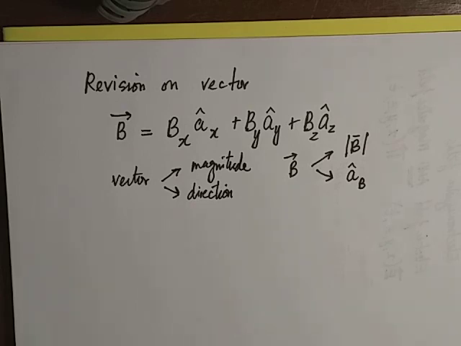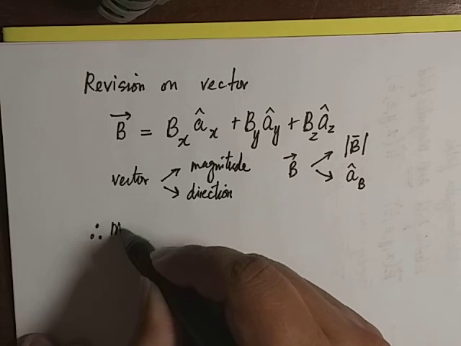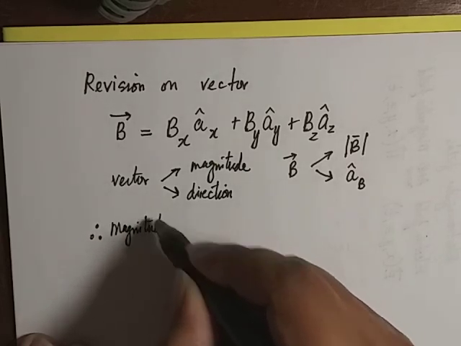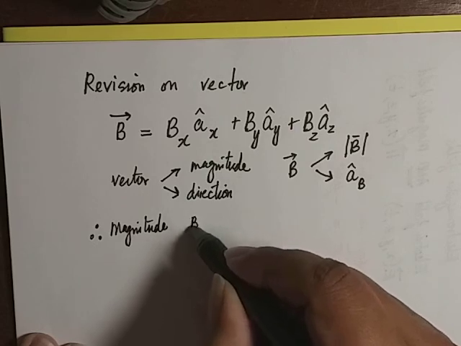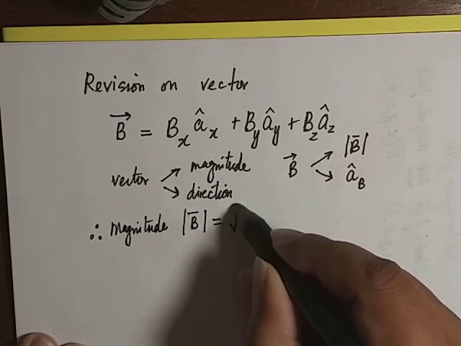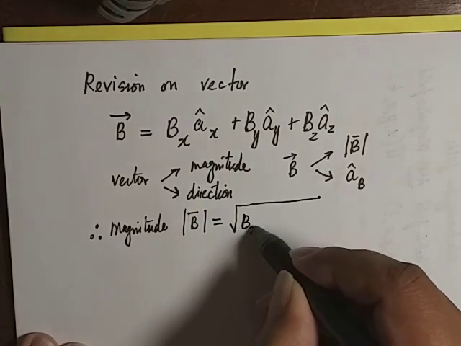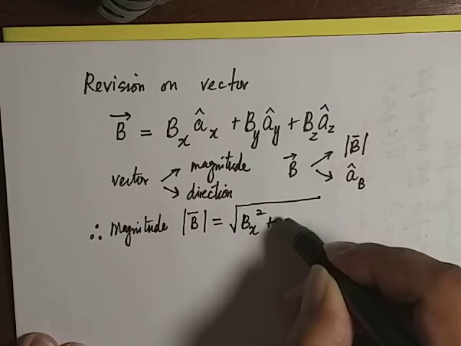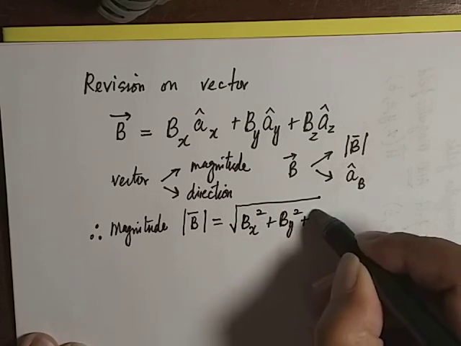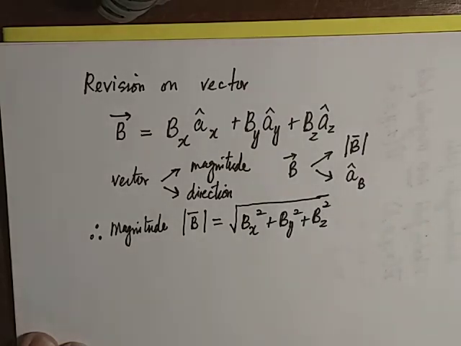Okay, so the magnitude of B here is just the square root of the x component squared plus the y component squared plus the z component squared. That should be the magnitude.